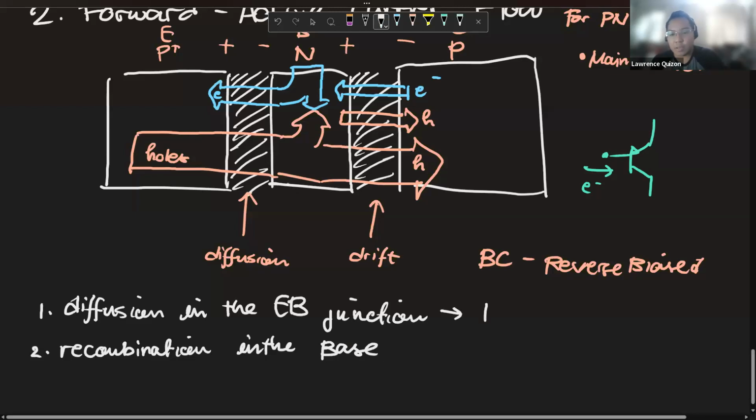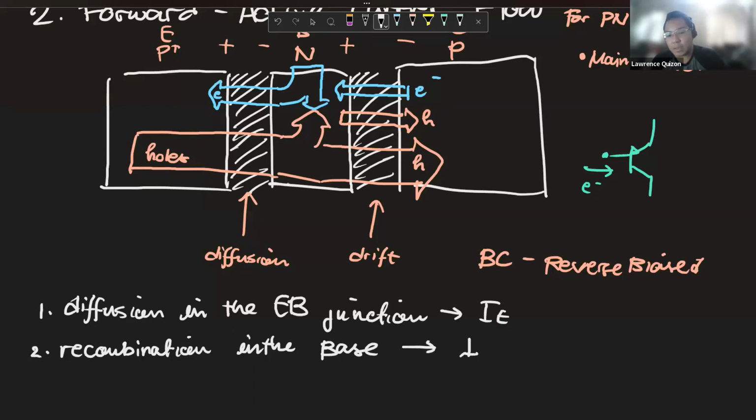Actually, sige, let's write this as IE na because it is. Recombination in the base causes the base current, of course, plus this electron portion. So actually, let's call this IB2. That's current due to recombination in the base.